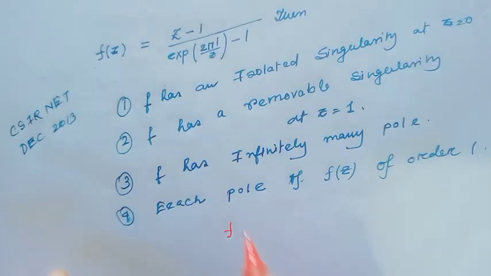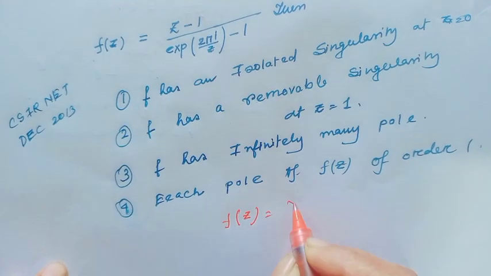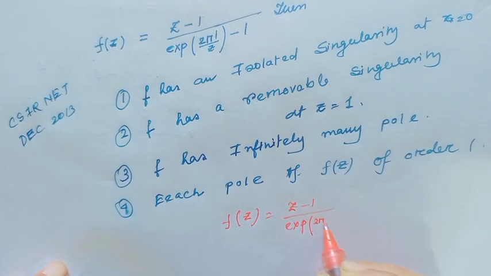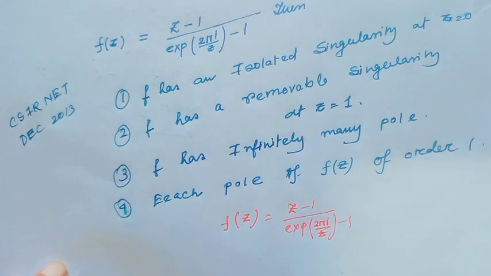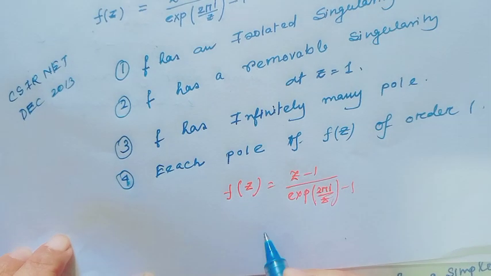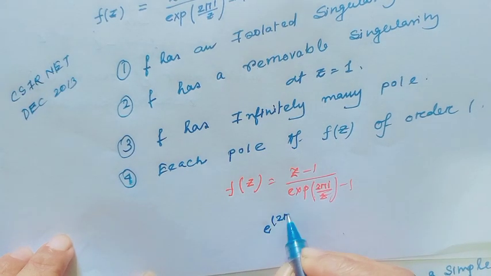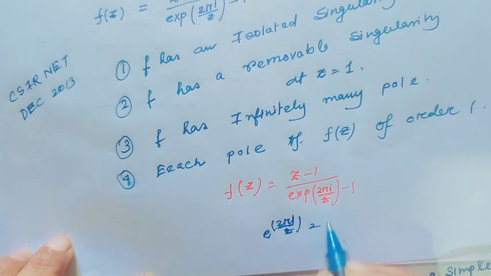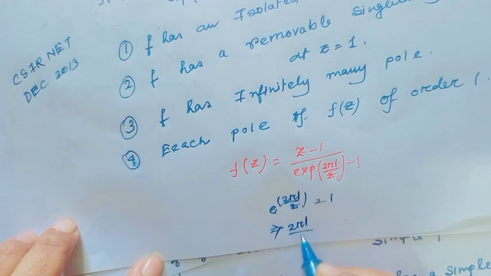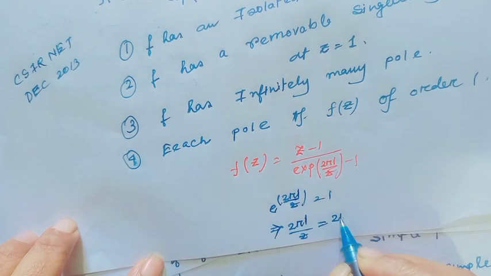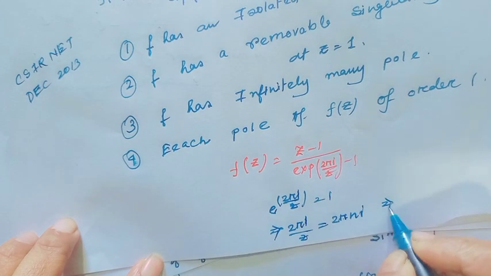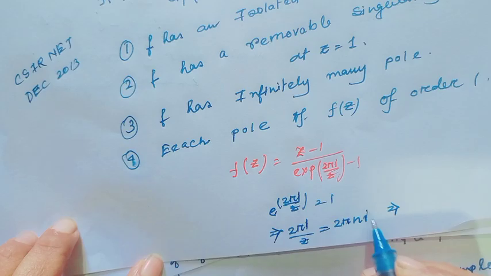f(z) equal to (z minus 1) over (exp of 2 pi i over z, minus 1). The poles are where e to the power 2 pi i over z equals 1. That means 2 pi i over z equal to 2 pi n i. Here 2 pi i would be cancelled.